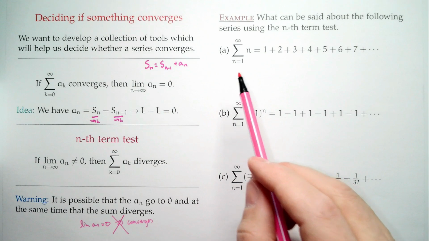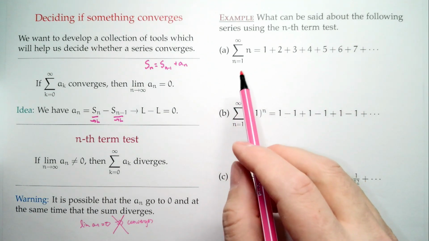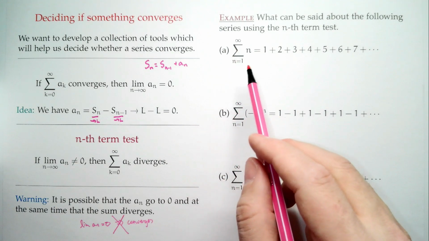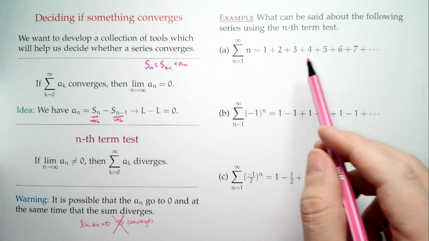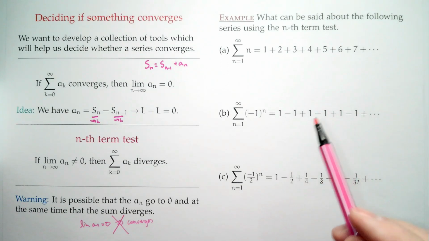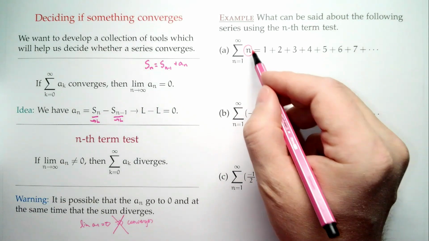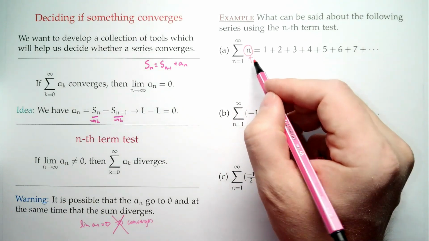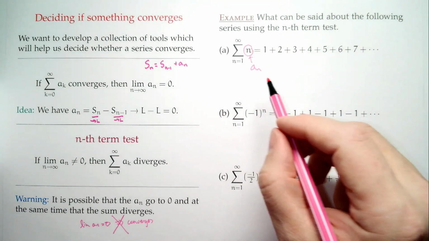All right, so here we have some examples. What can we say about the following series using the nth term test? So the sum, n equals 1 to infinity, of n. Okay, well that's 1 plus 2 plus 3 plus 4. What's going on? Well, the nth term, this is our a sub n. So the question we're asking is what's happening to a sub n?